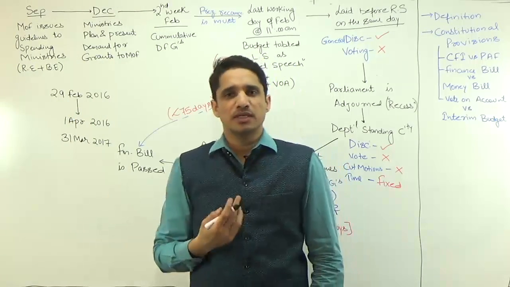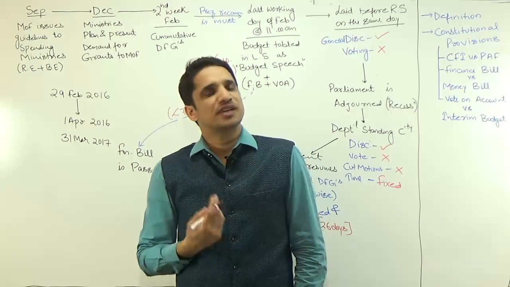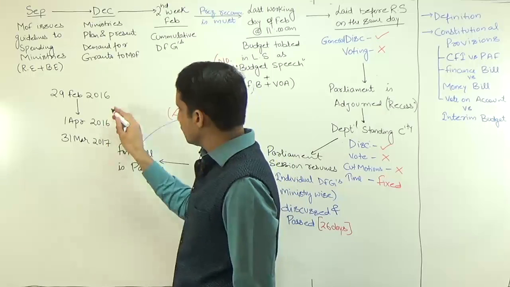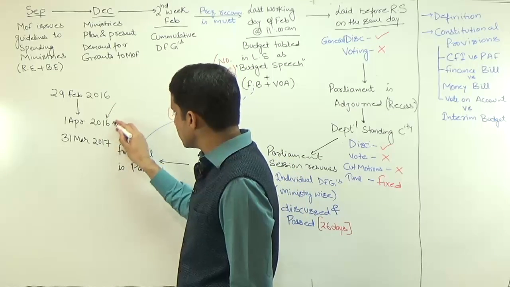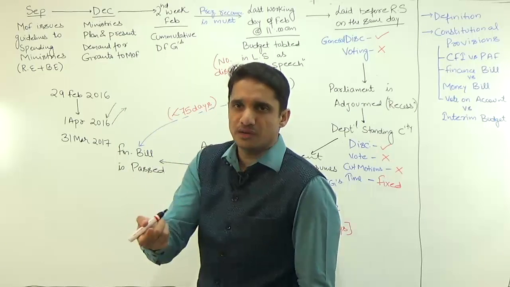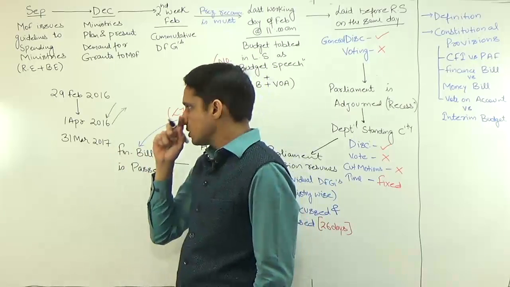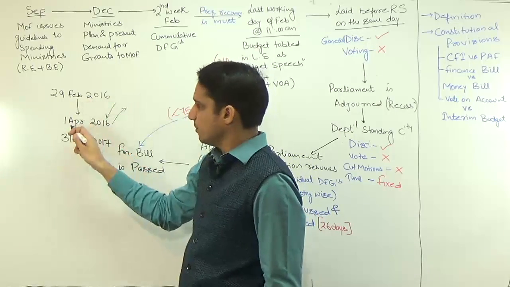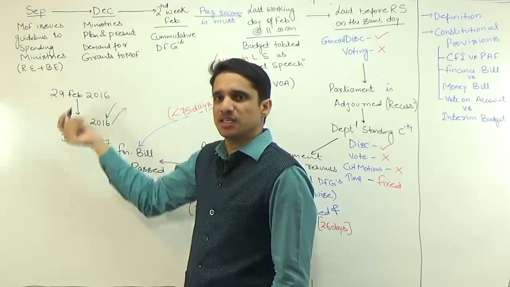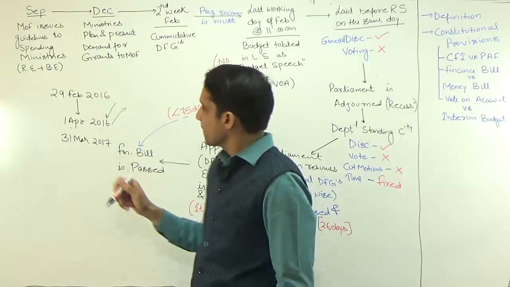Budget we can say is the financial planning, or the advanced planning, of the receipts as well as the expenditure of the government for the forthcoming year, or the next year. So this is the definition of the budget.